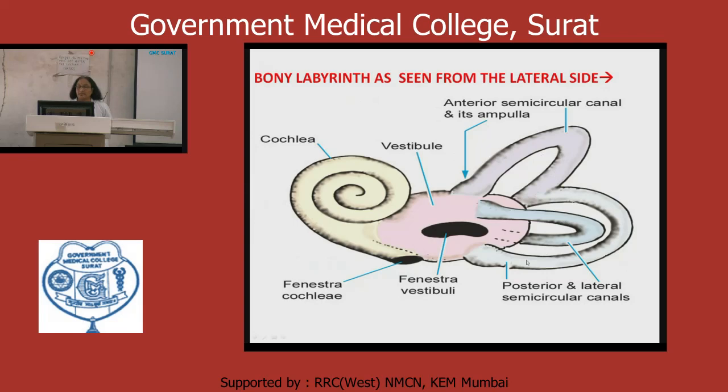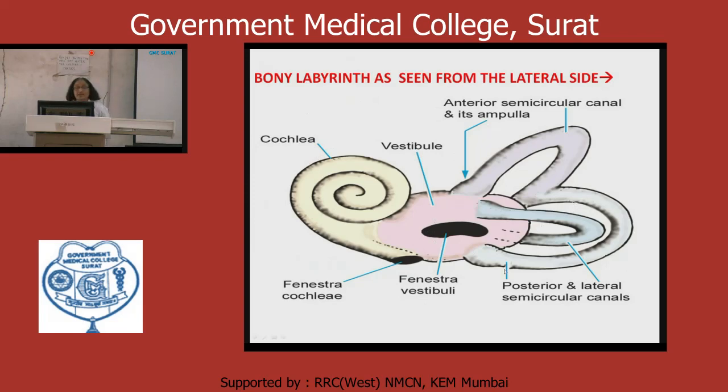Just focus your eyes on the diagram. We will move one by one through each part of the bony labyrinth. Again, the central part is called the vestibule, anterior to the vestibule is the cochlea, and posterior to the vestibule are the semicircular canals.